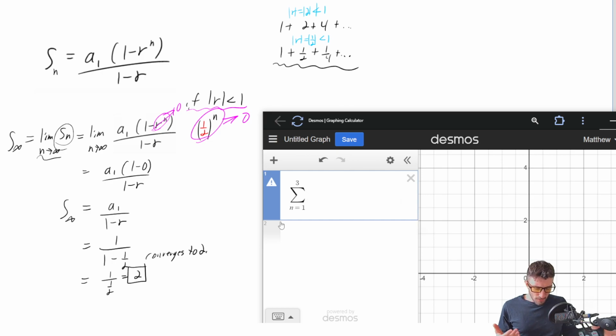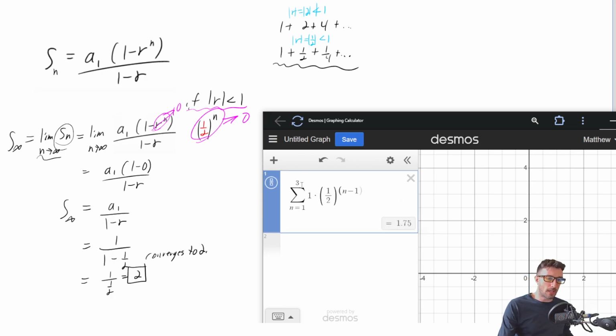But then we need to put the formula for a geometric sequence. And that formula is a1, which in this case is 1, times r, which in this case is 1/2, raised to the n minus 1. So you just got to put parentheses around this exponent here. And now it gets you the sum of the first three terms, which would be 1 plus 1/2 plus 1/4.